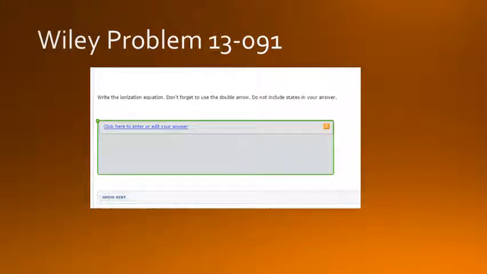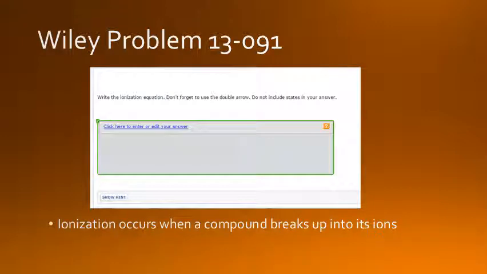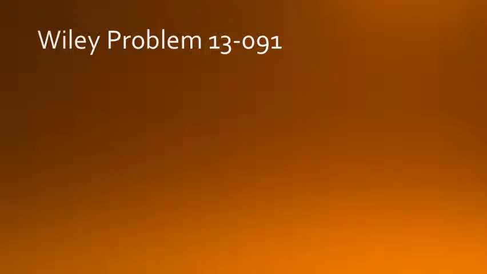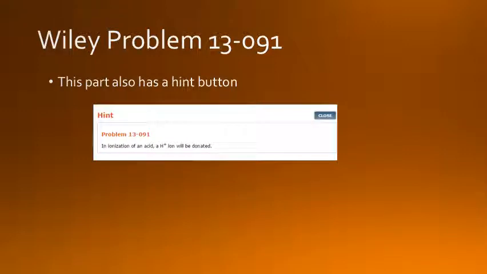They now want us to write the ionization equation, double arrow and no states. Now, ionization occurs when a compound breaks up into its component ions. And once again, we're looking at the hydrogen sulfite anion. There's also a hint button here that's kind of helpful.